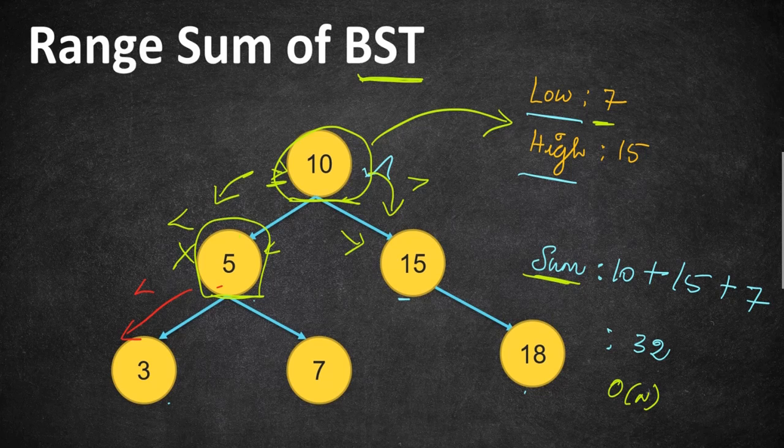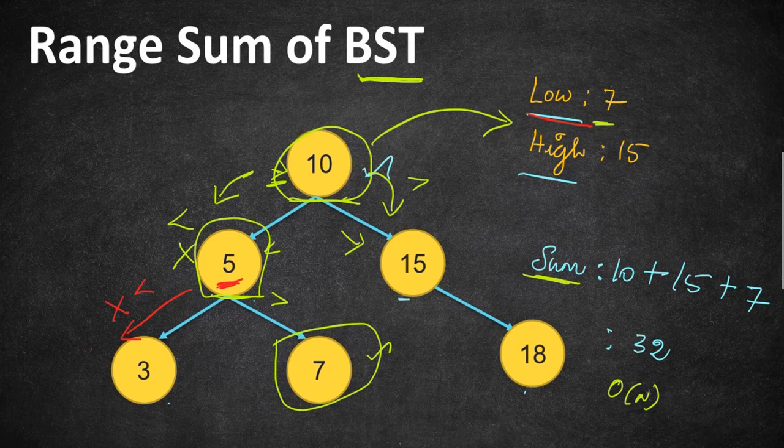If 5 itself is less than the lower range, then all the values in its left subtree will also be less than 5, so we don't have to traverse them. Since the left children have lesser values, we skip them, but the right side might have a larger value than the root node. Checking the right value, 7 is greater than 5 and also falls under the range, so we are going to add this value.